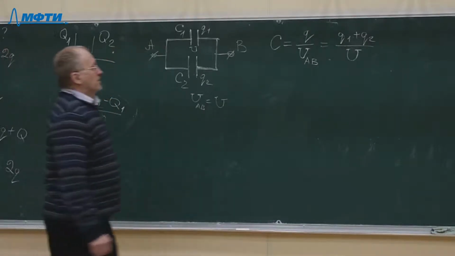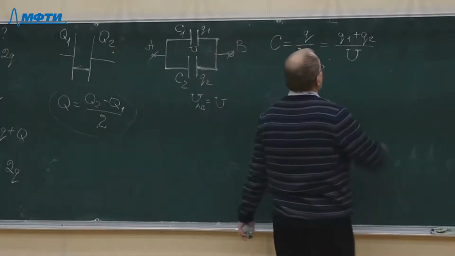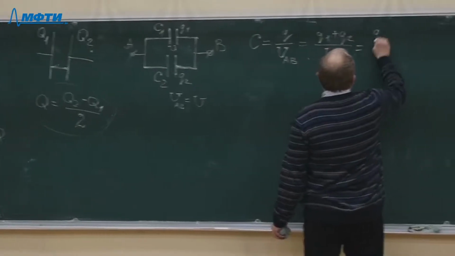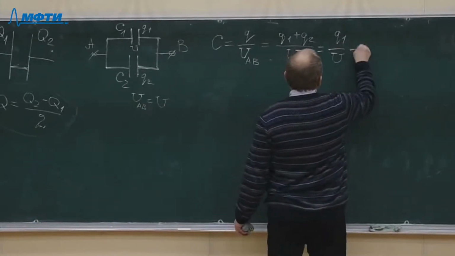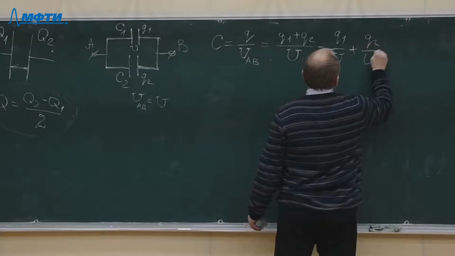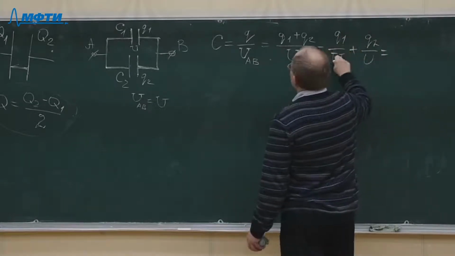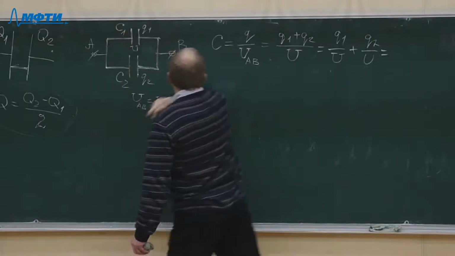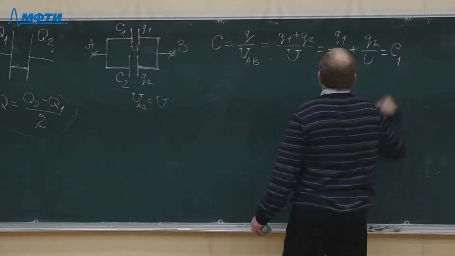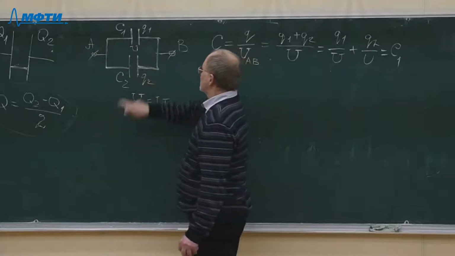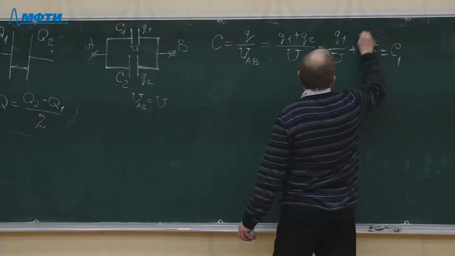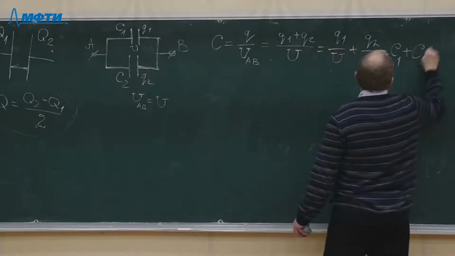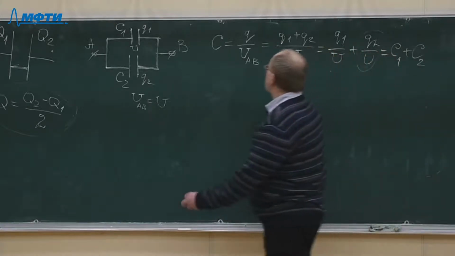So the potential difference is the same, and what we have here is Q1 divided by U plus Q2 divided by U. By definition, Q1 divided by the potential difference is C1, the capacitance of the first capacitor, and Q2 divided by U is C2, the capacitance of the second capacitor.